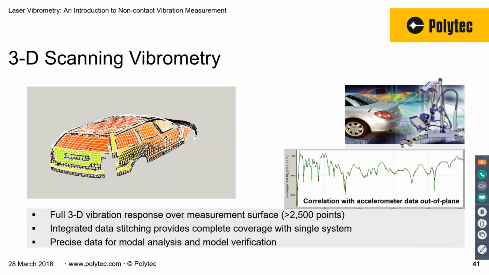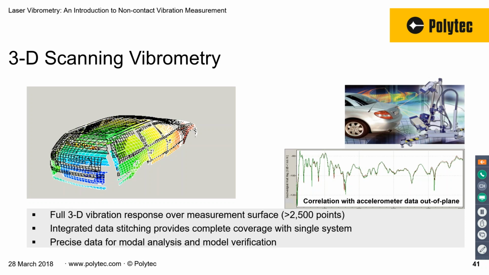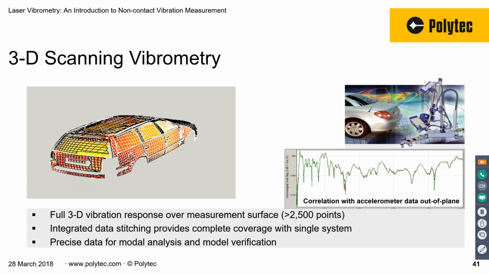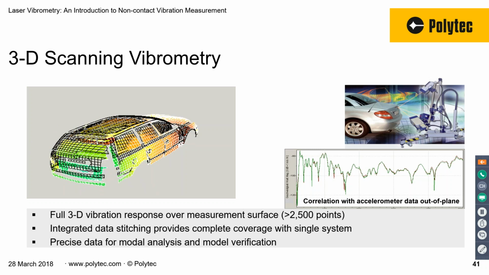So here's an example of a 3D measurement on a vehicle, just to give you an idea of the sort of density of measurements that can be achieved. Much higher density than would be attempted using accelerometers, in a small fraction of the time.